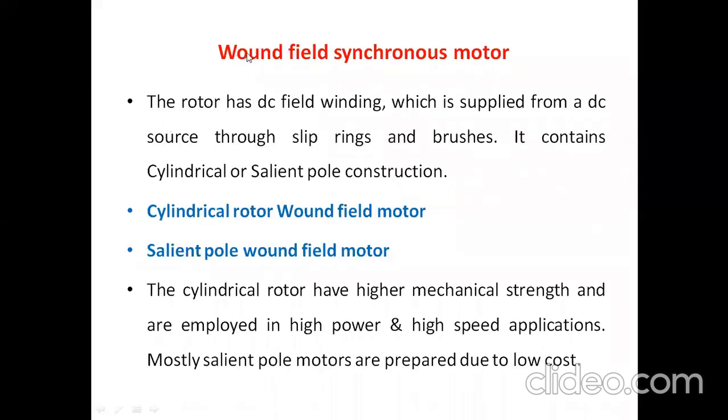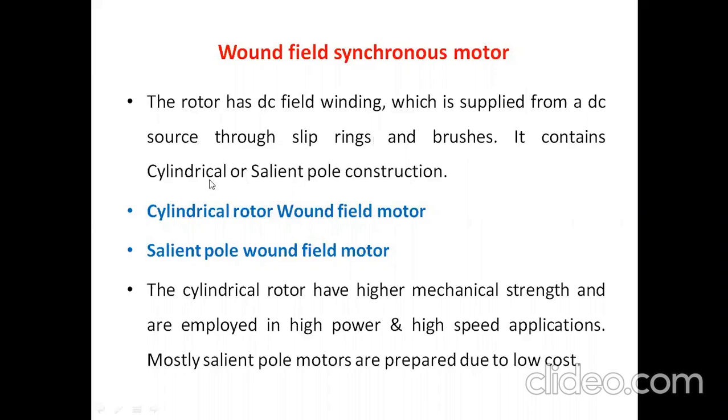The first one is the wound field synchronous motor. In the wound field synchronous motor, as we already discussed, the stator is common for all types of synchronous motor in terms of construction and operation. But the rotor has an electromagnet here, so we require a separate DC supply to energize it. The DC supply is applied through slip rings and brushes.